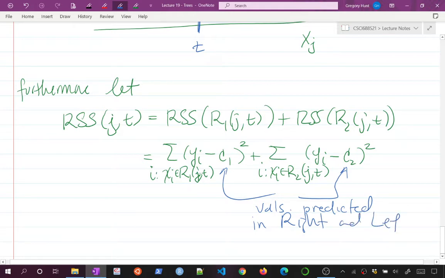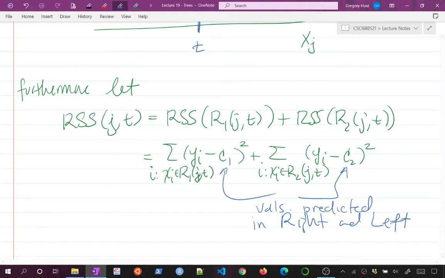So the idea with this RSS at splitting variable j at point t is that we're going to calculate the total RSS, which is just the RSS of each side.